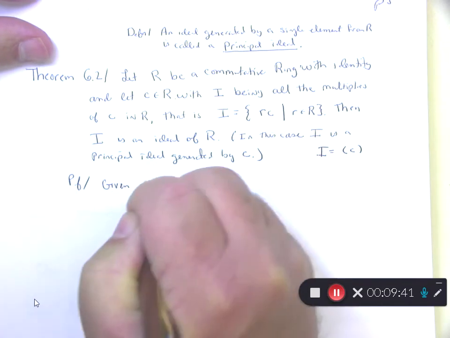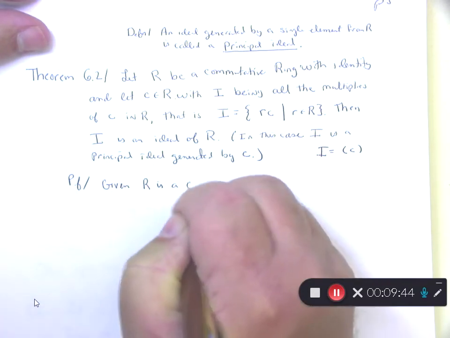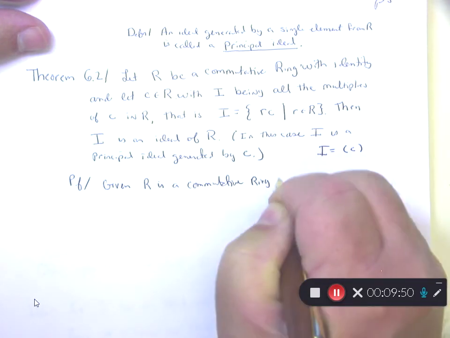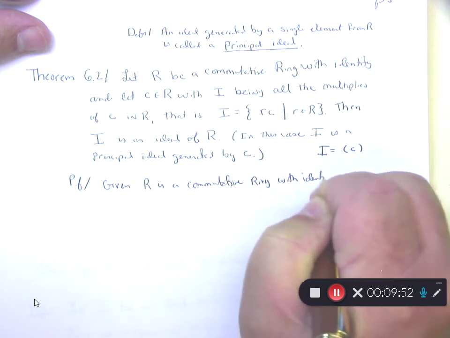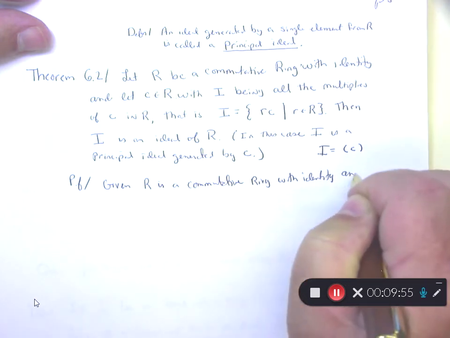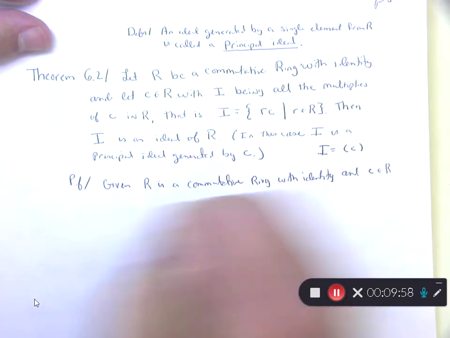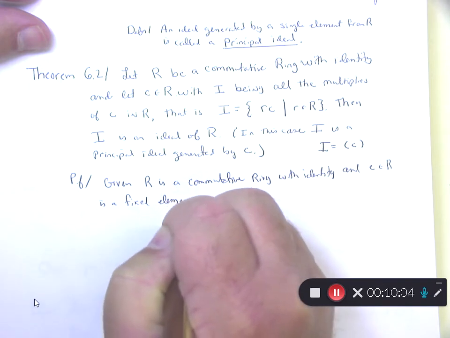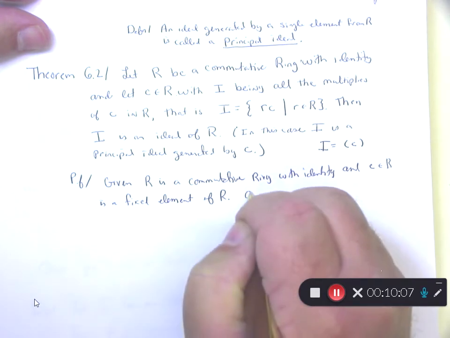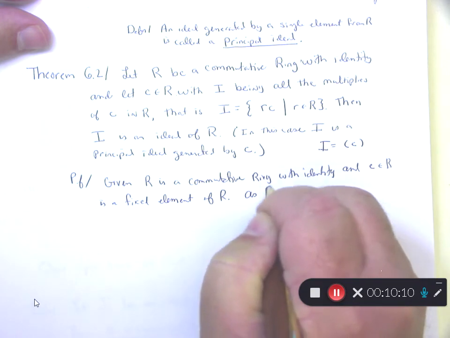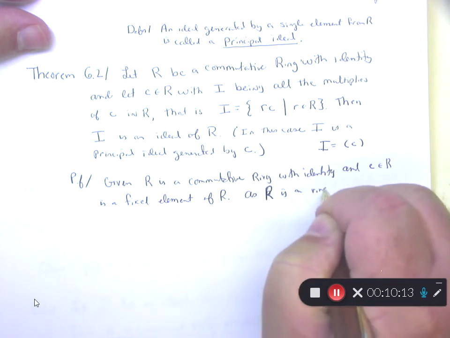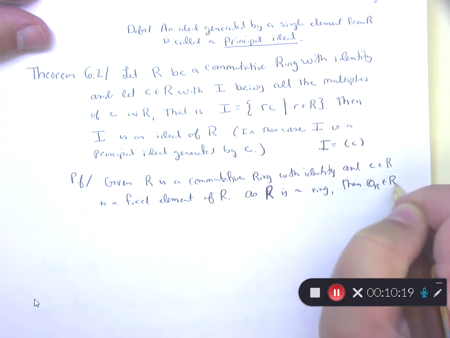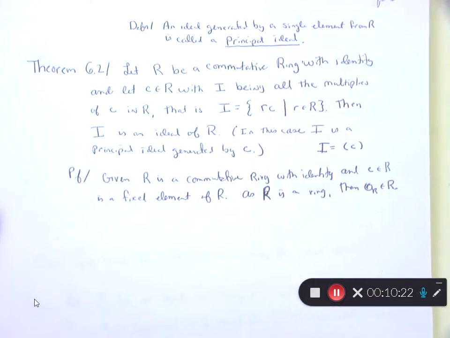Given R is a commutative ring with identity, and C, an element of R, is a fixed element of R. Well, as R is a ring, then 0 in R is an element of R. Definition of ring, you've got to have a 0 element, okay?